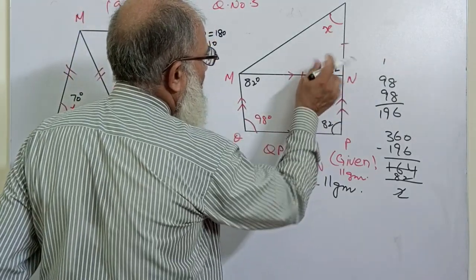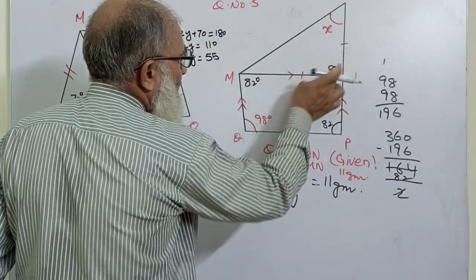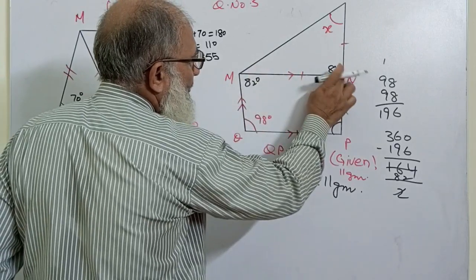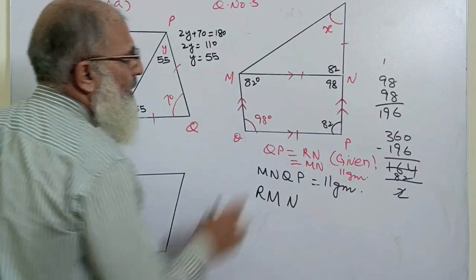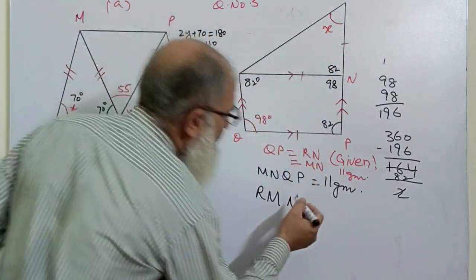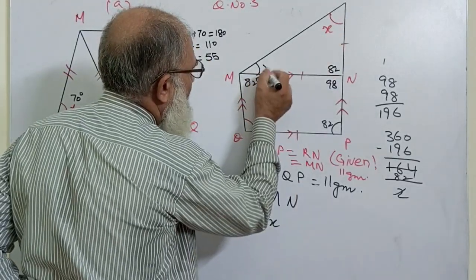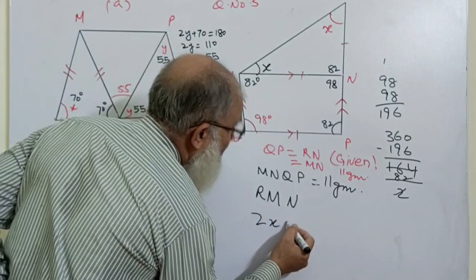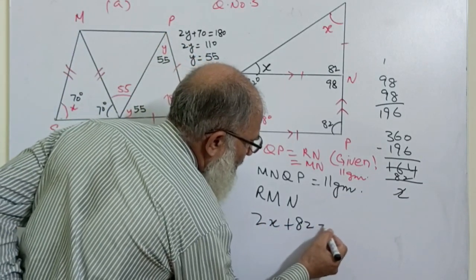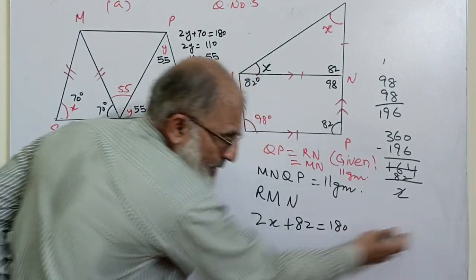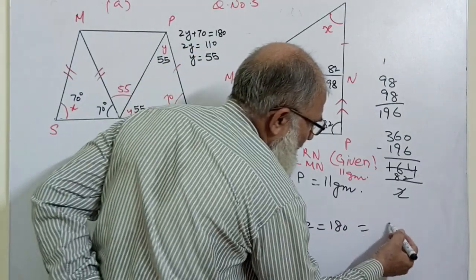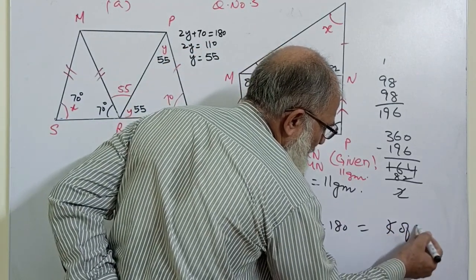If this is an isosceles triangle, then these are the base angles and this is the included angle. So it will become 2x. Now if this is x, this is also x. 2x plus 82 is equal to 180 to complete the angles of a triangle.